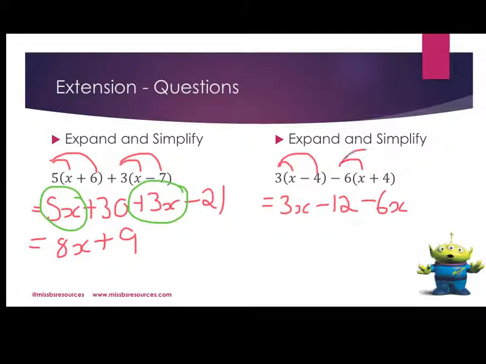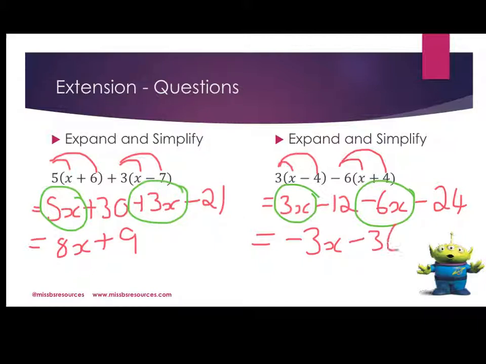And then we're going to do minus 6 times 4, which is minus 24. Now we're going to collect our like terms together again, so circle our x's. Okay, and that leaves us with 3x take away 6x is minus 3x, and minus 12, take away 24 leaves us minus 36. You can have negative answers.